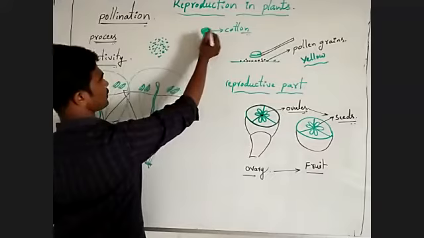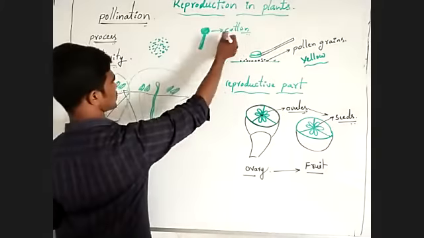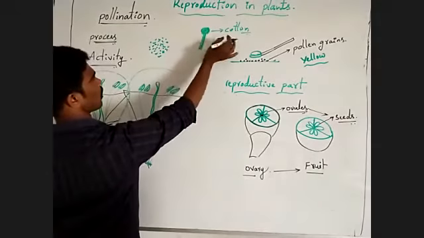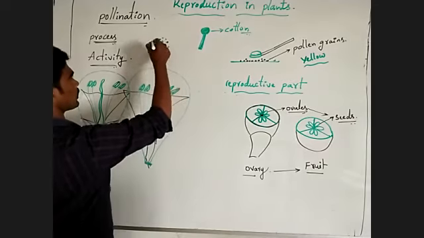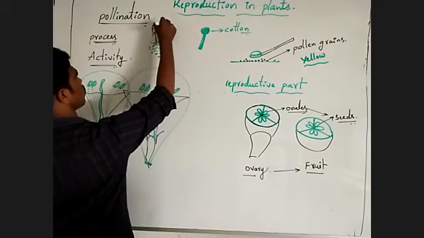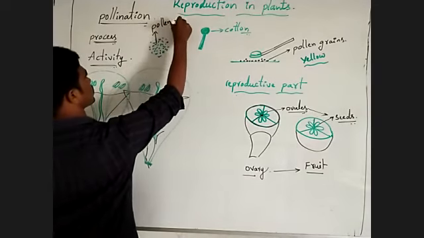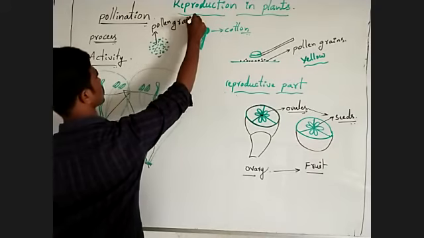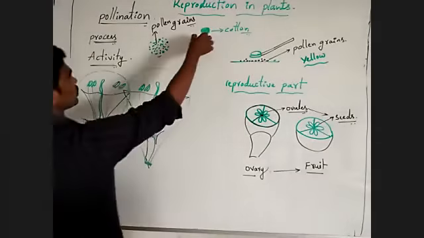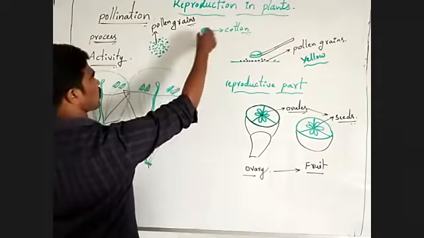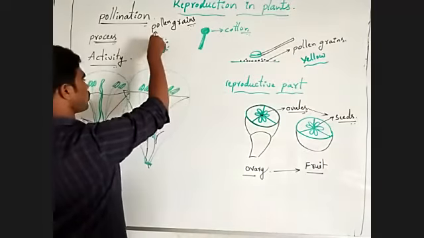Then dip the knob-like structure of the cotton in these pollen grains. These are pollen grains. This is how to dip the cotton ball in pollen grains.